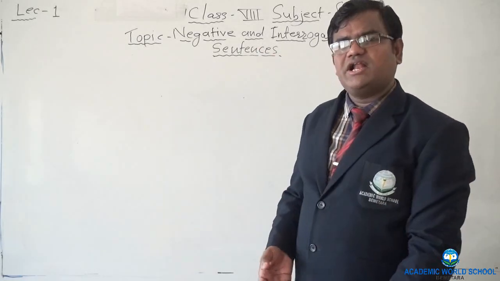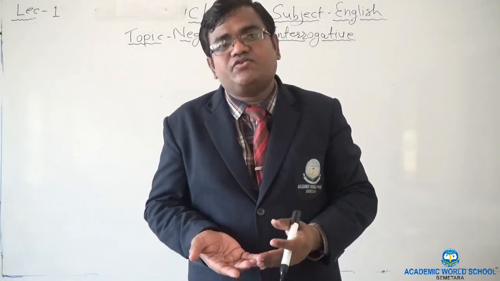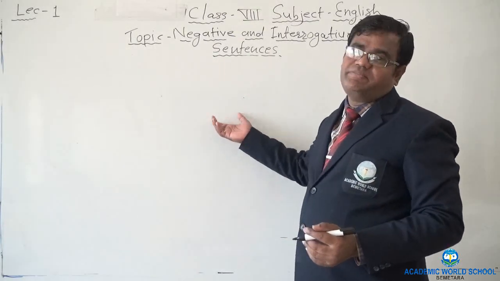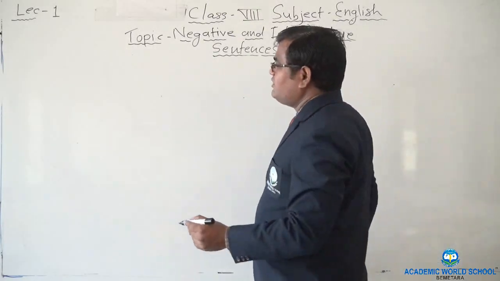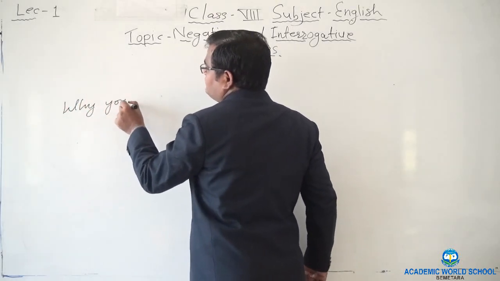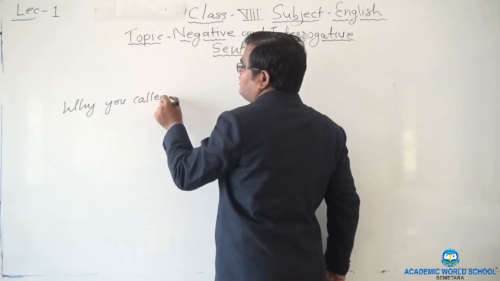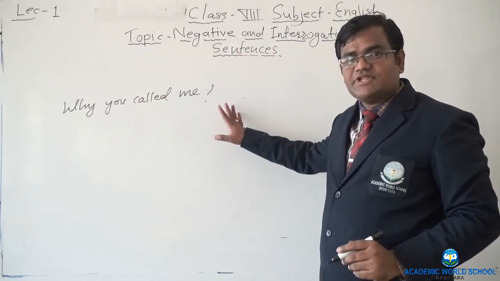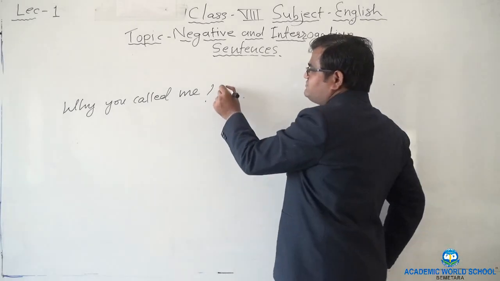There is one mistake or another. They think whether the question is right or not. Okay, let me write one example here and you tell me whether the question is right or wrong. Why you called me? Is it a right question? No, it's not a right question.